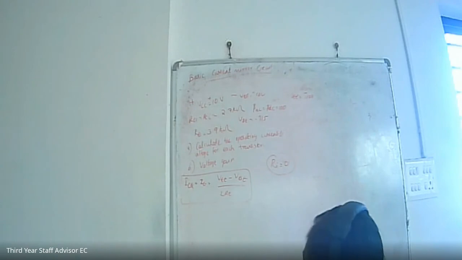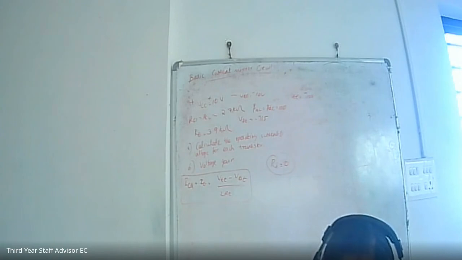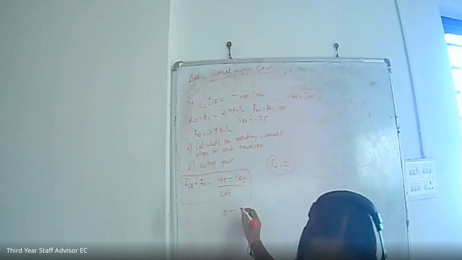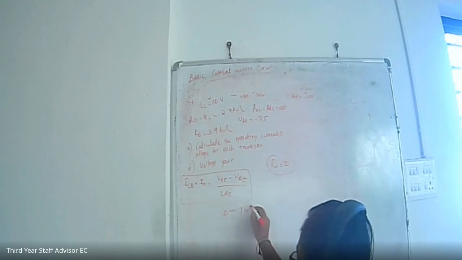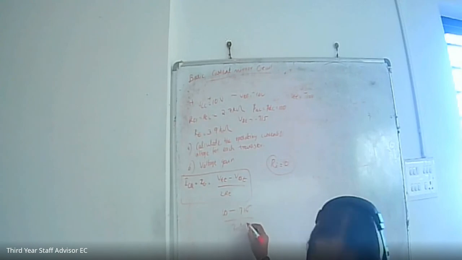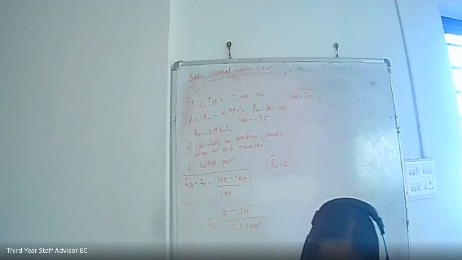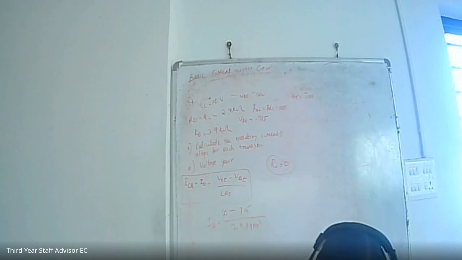VEE is equal to 10 volt, VBE is 0.715, and the emitter resistance RE is equal to 3.9 kilo ohm. So ICQ equal to 10 minus 0.715 divided by 2 into 3.9 into 10 raised to 3. This is the ICQ value, so ICQ is obtained.